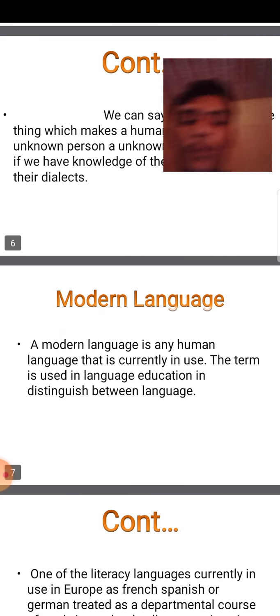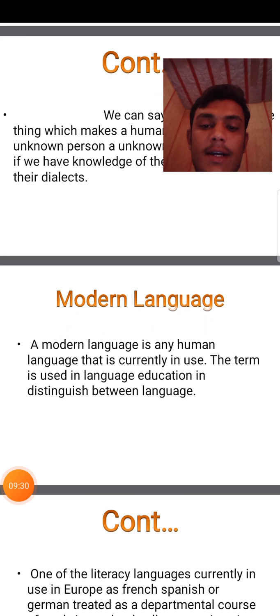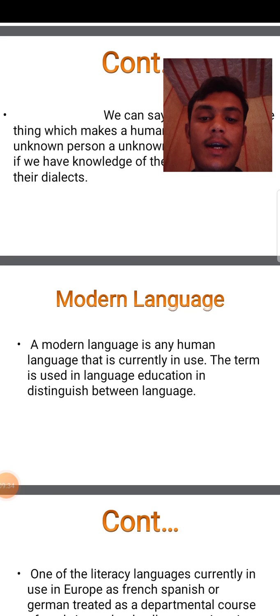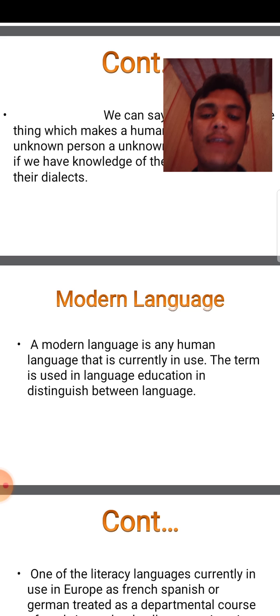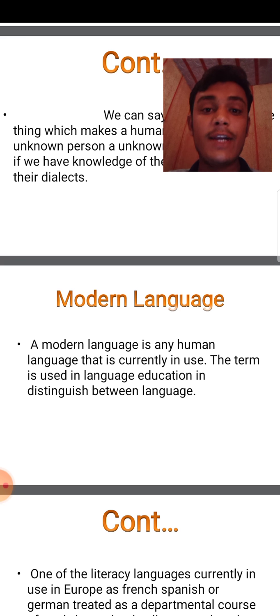Number 3 topic is modern language. What is the modern language? Let's have a look at the slide. A modern language is any human language that is currently in use. It means that a language is being used currently in this society, this country, this province. This is the modern language.